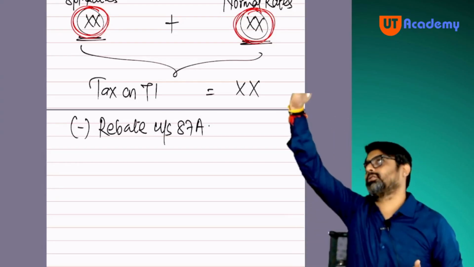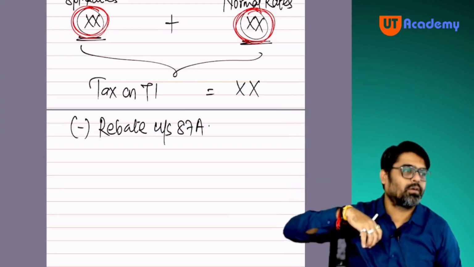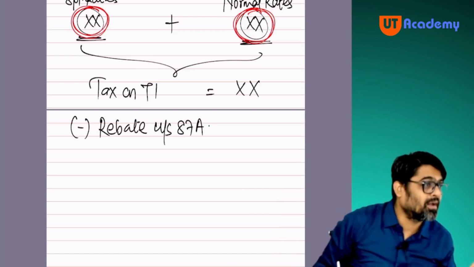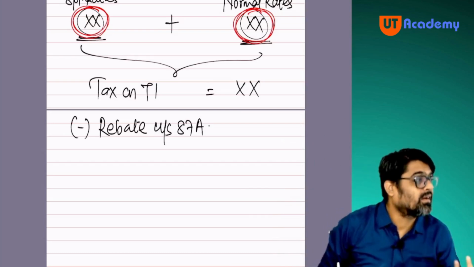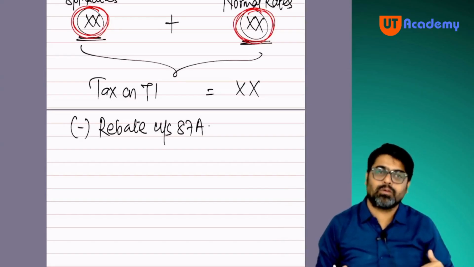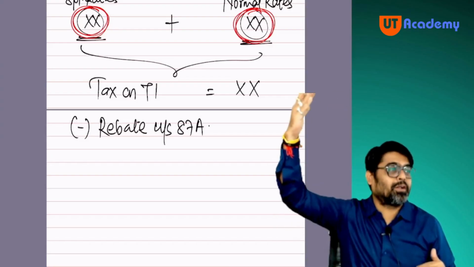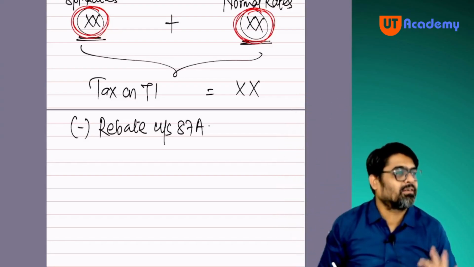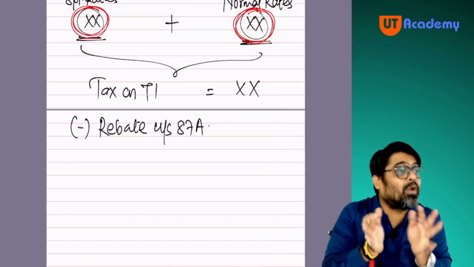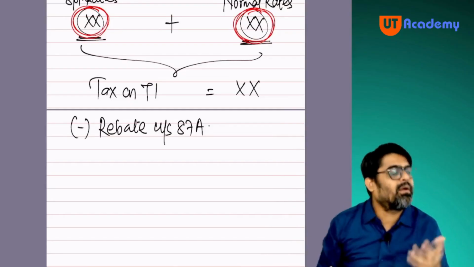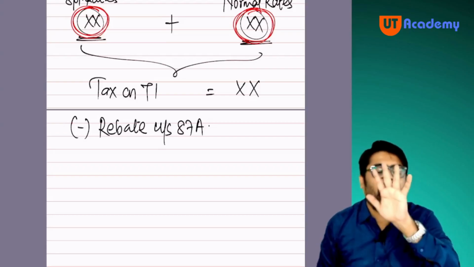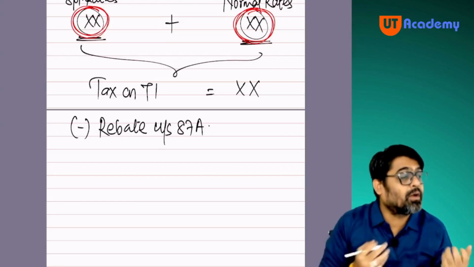Either you are very rich, hello, then you pay surcharge, or you are very poor, then you get rebate. But what if you are not poor, not rich either, you are middle class? No surcharge, no rebate. So rebate is available only if you are very poor. Why? Because my total income is only 5 lakhs or less than that, then you are very poor.